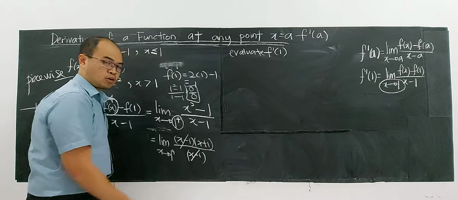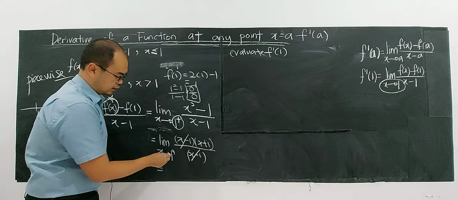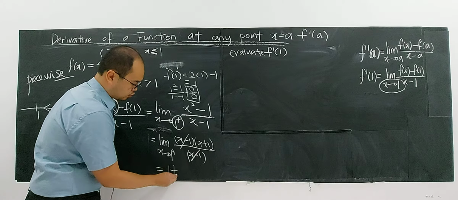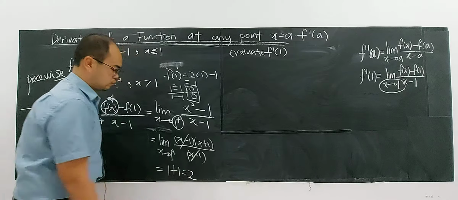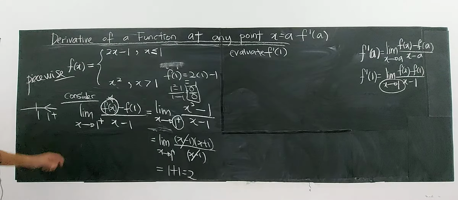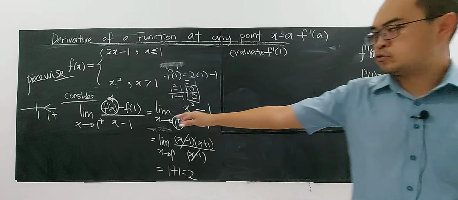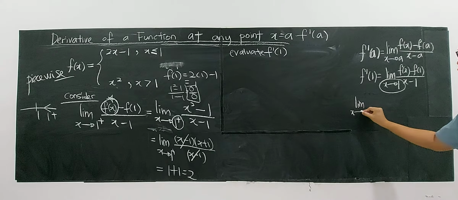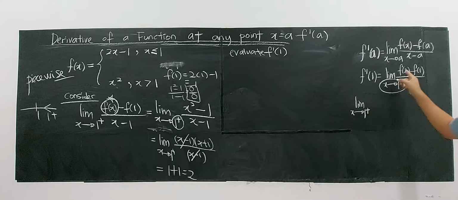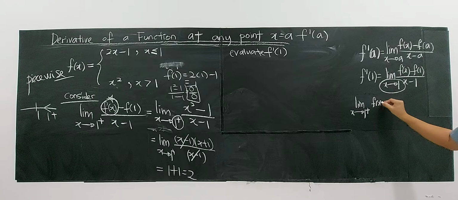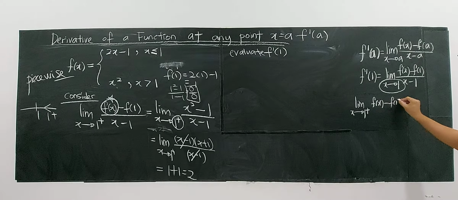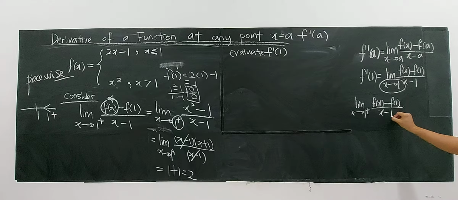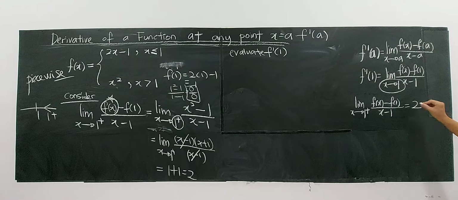Then you eliminate the common factor, and putting in the value, 1 plus 1 is 2. So I jot down my answer here: the limit as x approaches 1 from the right for this function is equal to 2.